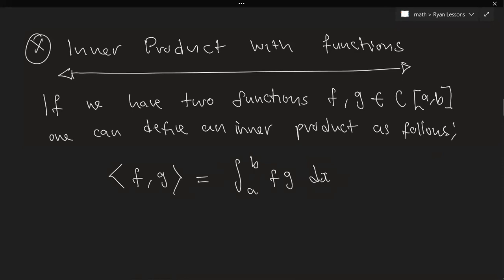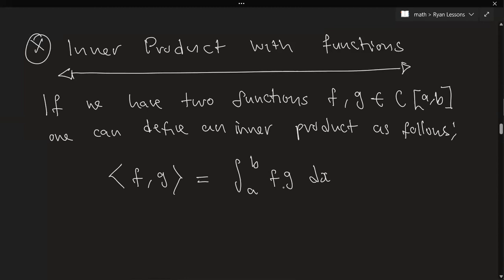So one common way of defining an inner product on functions is by making use of an integral, and a definite one, because we want to have a real number at the end of the day. We want to start with two vectors extracted from a vector space, and come up with a real number at the end. So this is one way of defining what we call an inner product with functions.